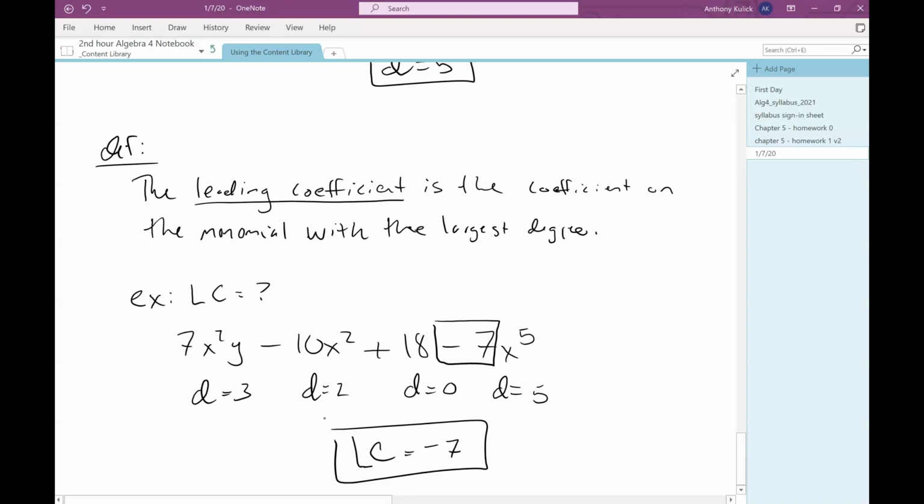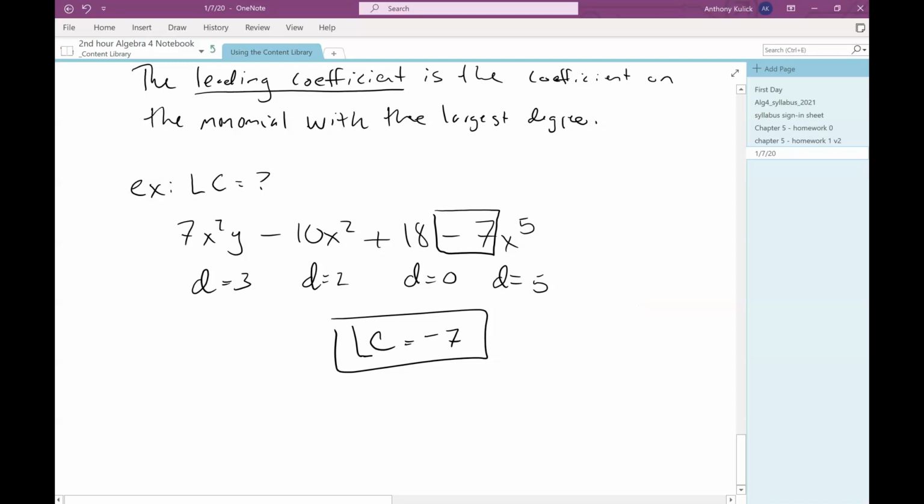We just never formalized it. Also, leading coefficient would be like the number of the greatest degree. Yep.